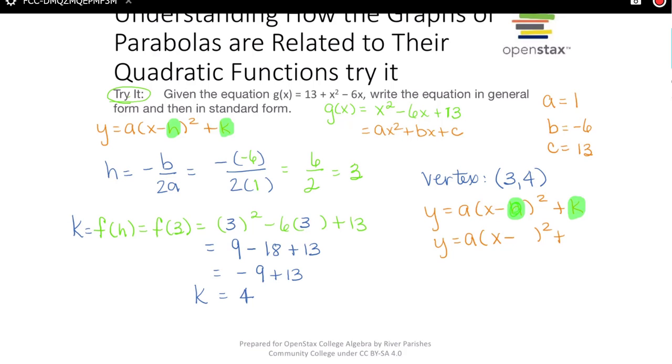And h was 3 and k was 4. We also know a was 1, so we can just leave it: x minus 3 squared plus 4.